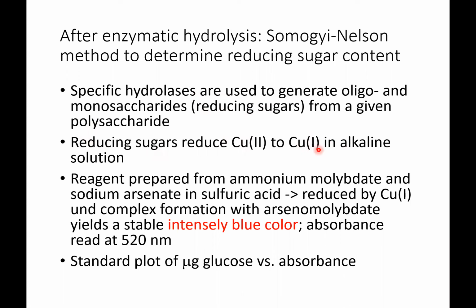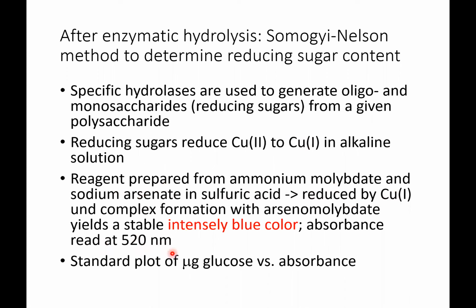And then this copper 1 is reacted with a reagent made from ammonium molybdate, sodium arsenate, and sulfuric acid. That is reduced by the copper 1 that you got from here, and a deep blue complex is formed. And then you can measure the absorbance at 520.